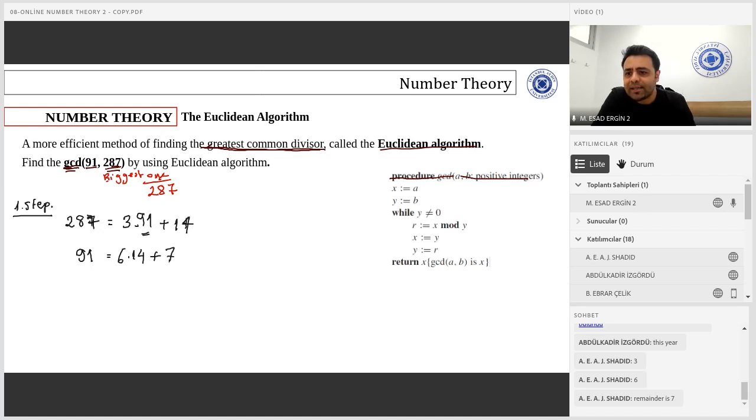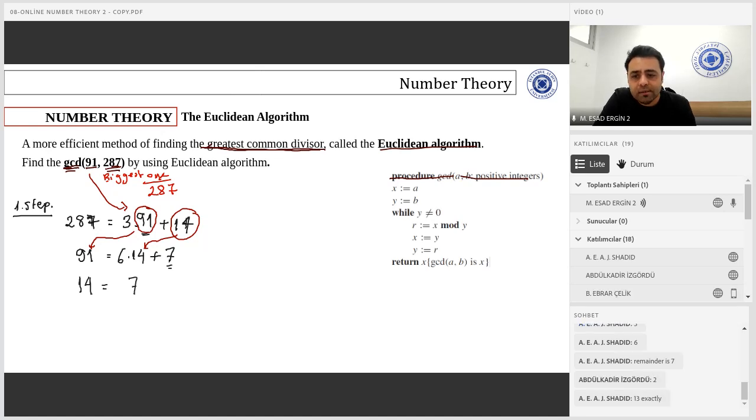And now, as you see here, we are going to use that approach. The divisor, which is already given in our question, we use on the left side, and the remainder we are going to use here. This approach will continue. Let me continue: 14 equals how many times we have 7 inside of the 14, which is 2, and plus 0, right?